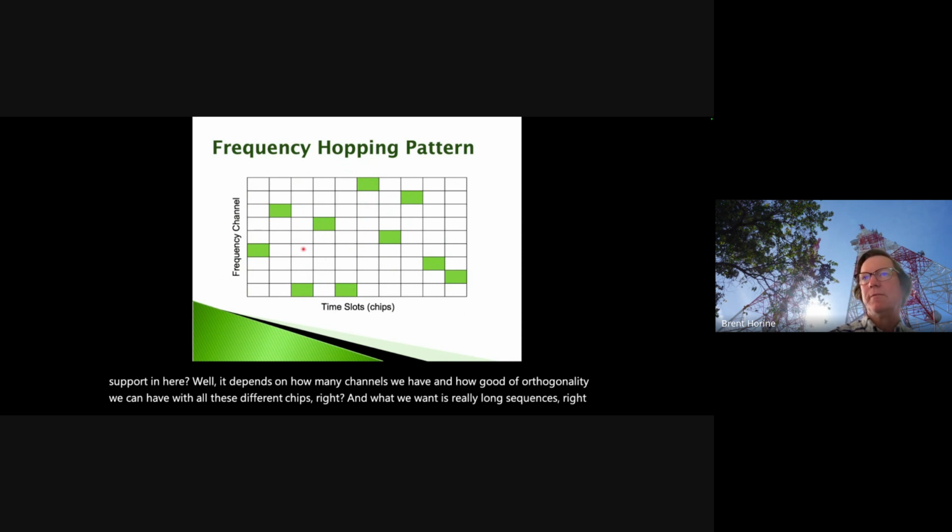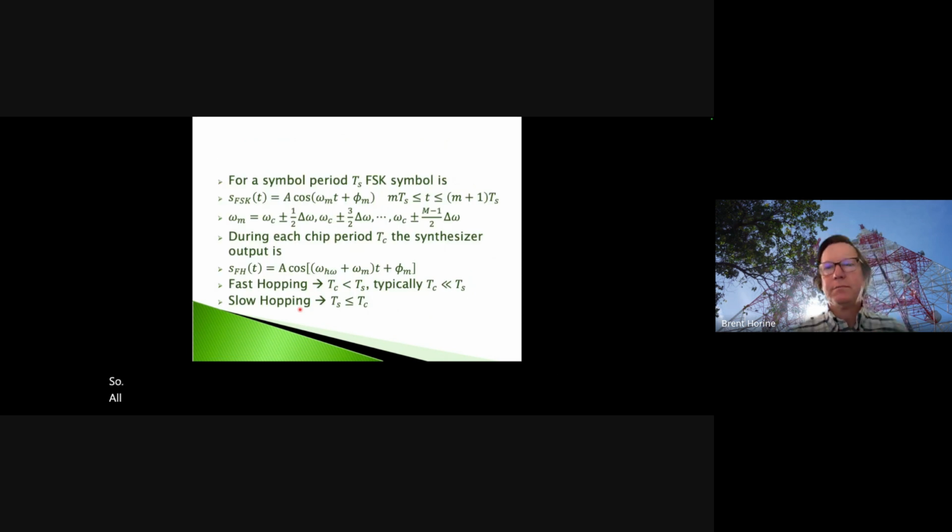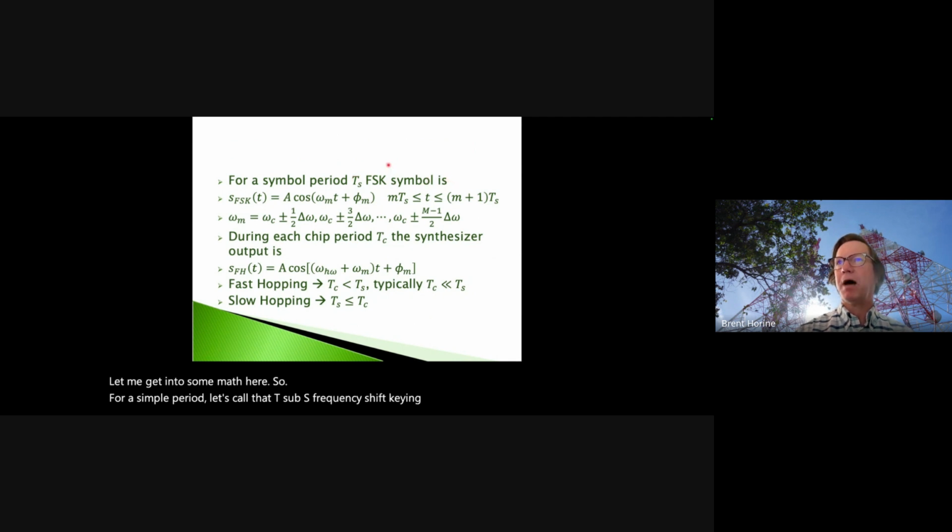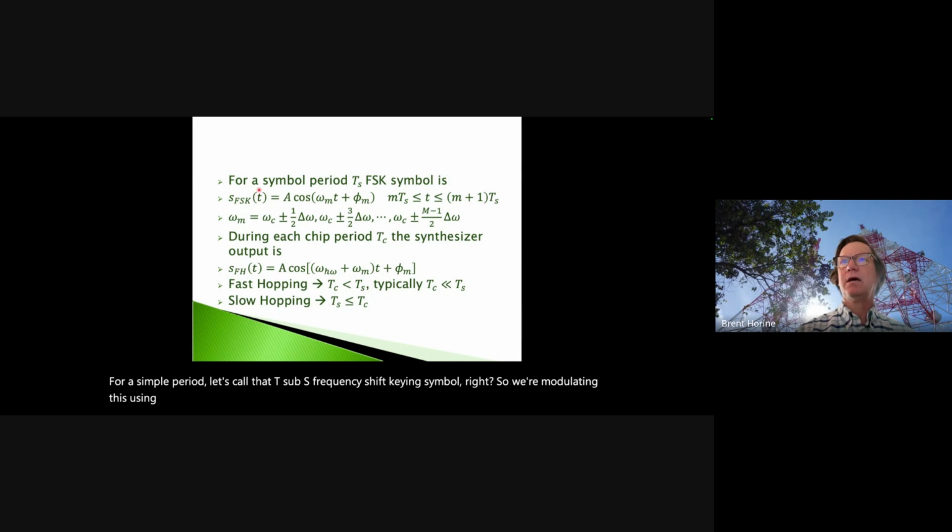So all right, let me get into some math here. So for a symbol period, let's call that T sub s, frequency shift keying symbol, right? So we're modulating this using FSK. Then let's look at the time domain representation of that. So we'll have a cosine carrier, and it's got a certain amplitude to it.